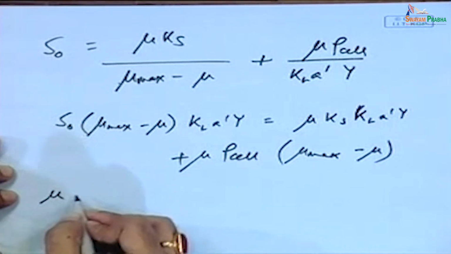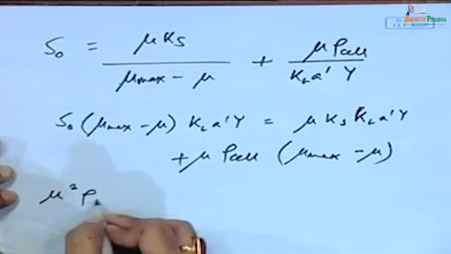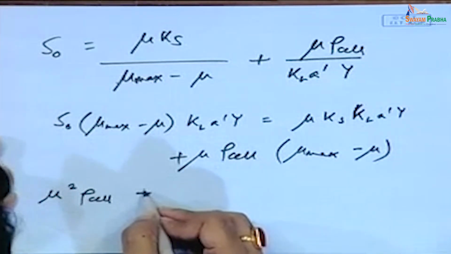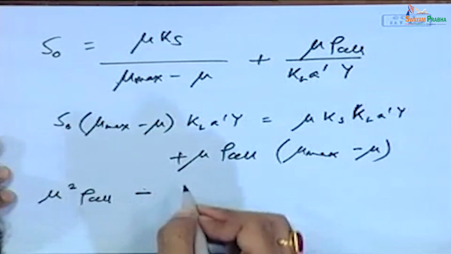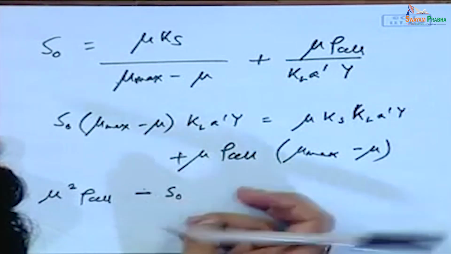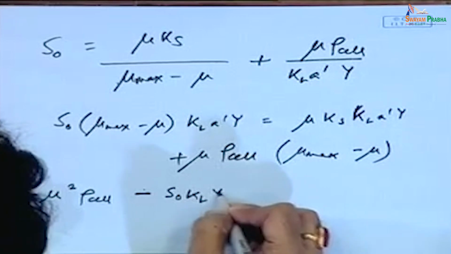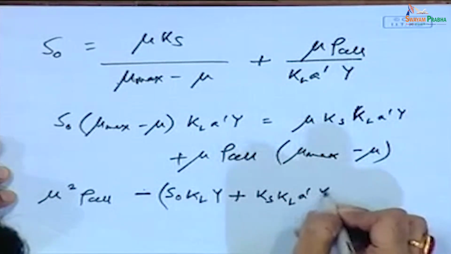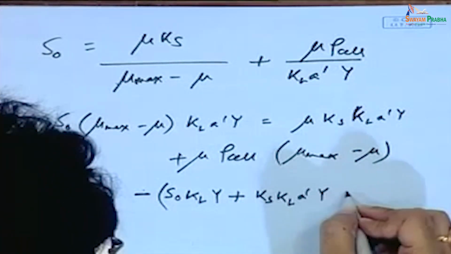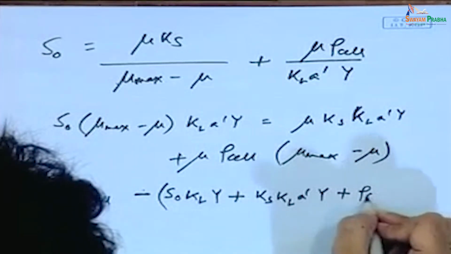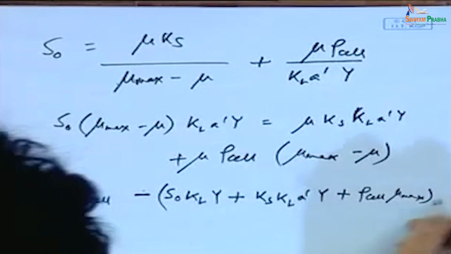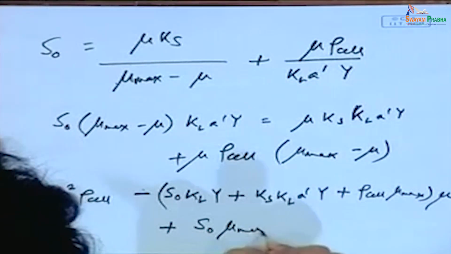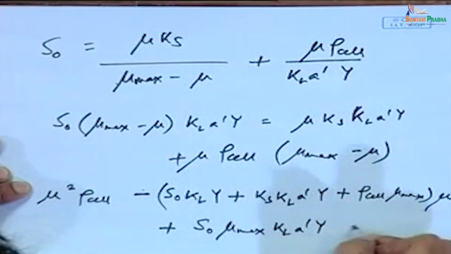So if you take it, you get mu square times rho cell, plus, let's see, so minus, sorry, so minus S naught KL Y plus Ks KL A prime Y, plus rho cell mu max times mu, plus S naught mu max KL A prime Y equals 0.